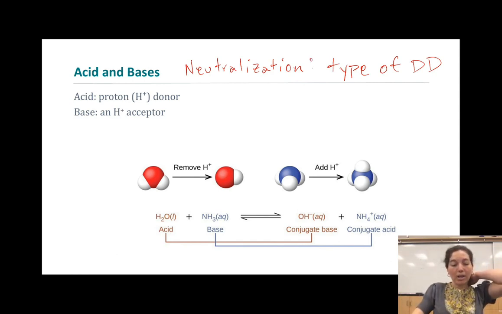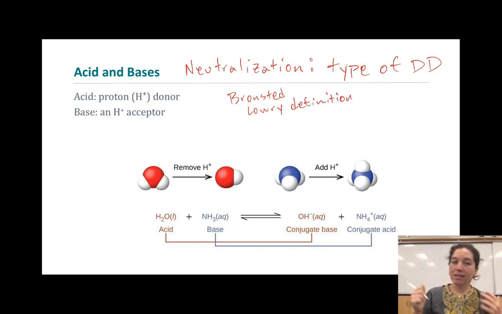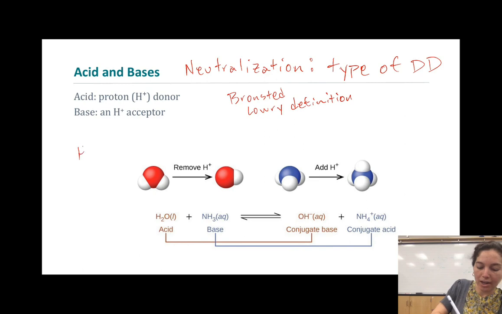So let's examine what an acid and a base are. For acids, we're going to go by the Bronsted-Lowry definition. There are other definitions of acids and bases, but this is our Bronsted-Lowry definition. For what we're doing, acids are strictly proton donors, or H+ donors. We say proton because hydrogen only has a proton and a single electron, so one plus and one minus, and if the electron goes away, all we're left with is our one proton.